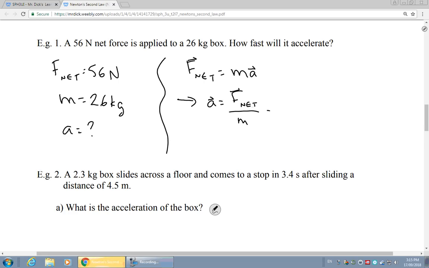So if we take our net force of 56 newtons, we divide by 26 kilograms, and when we do that, we get 2.2 meters per second squared.